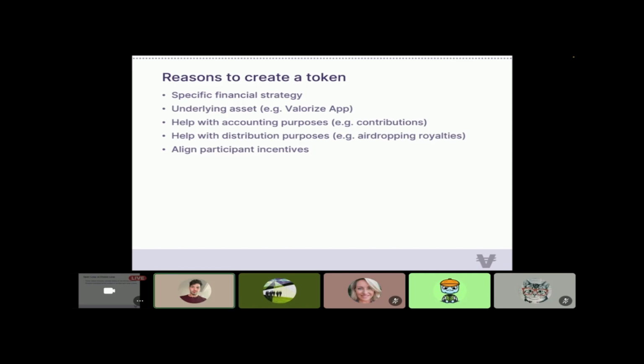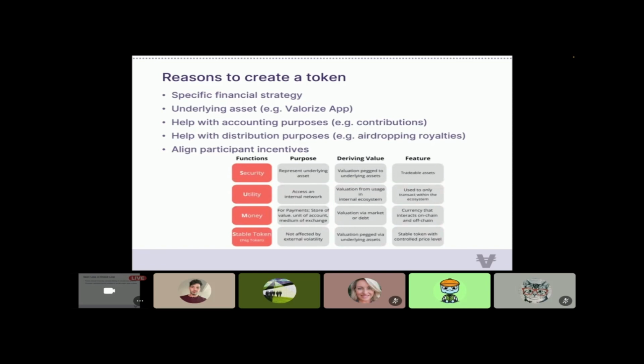In the same way, it helps with distribution purposes, for example airdropping royalties to the artists that we will acquire for our NFT project. And also, tokens can align the incentives of participants, which can also be done with money, of course. So it's not exclusive to tokens, but this is a possibility.